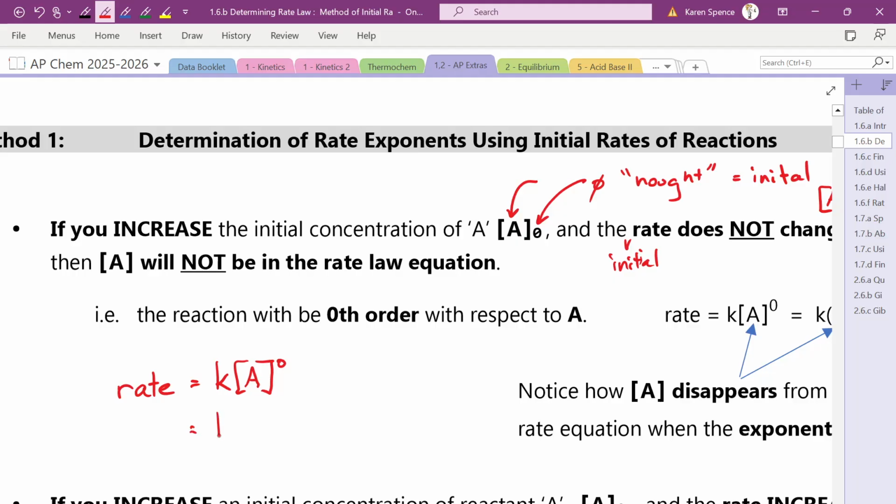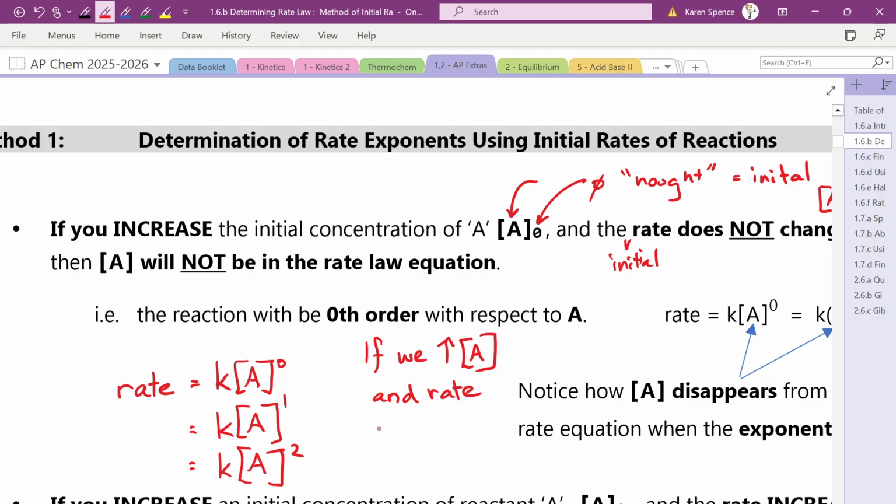Does it mean it's equal to K times A to the 1? Or does it mean that it's equal to K times A to the 2? If rate doesn't change, which of those three things is true?